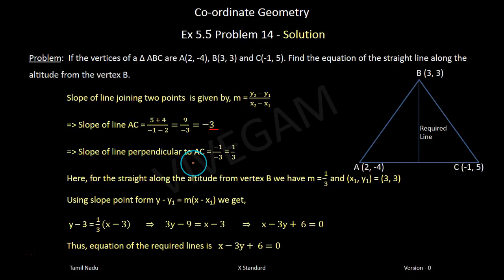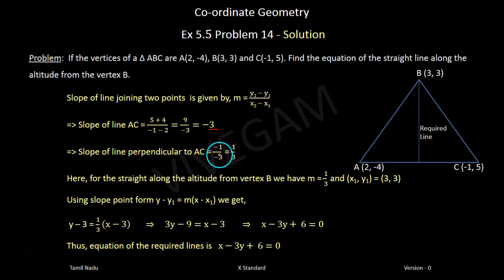The slope of the line perpendicular to AC is the negative reciprocal of this value. What's the reciprocal of 3? It's 1 by 3. The reciprocal of minus 3 is 1 by minus 3, and we want the negative reciprocal, so you add one more minus sign.